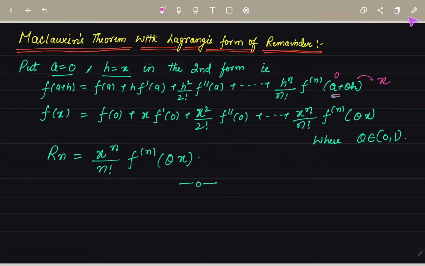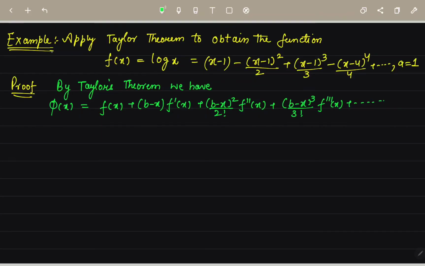So the first example is: apply Taylor's theorem to obtain the function f of x is equal to log x, where a is 1, and in this case we will take b as x. Okay, so by Taylor's theorem we have this.